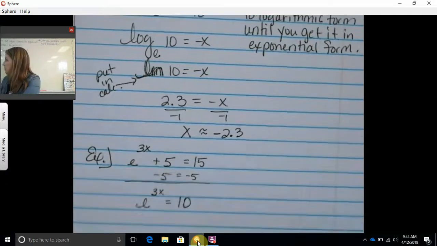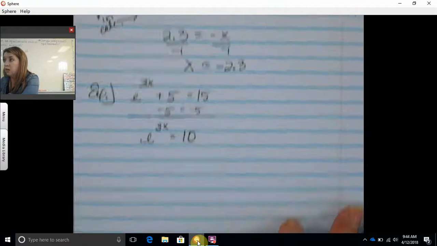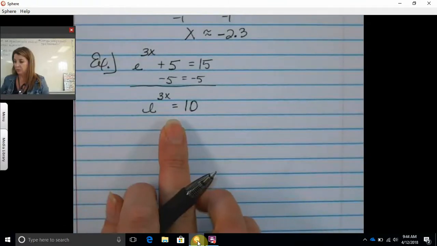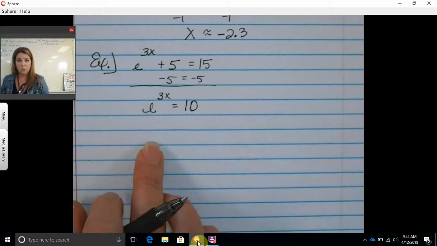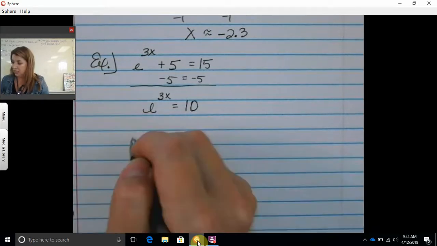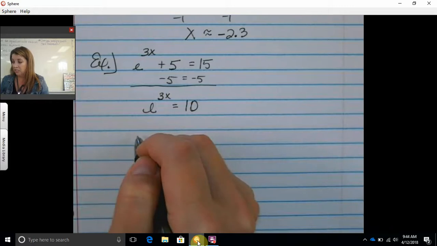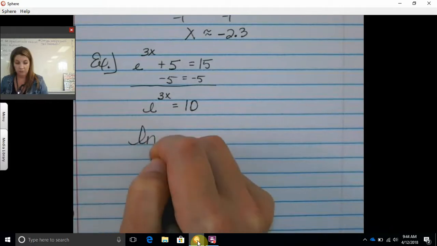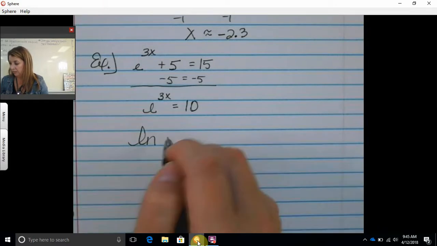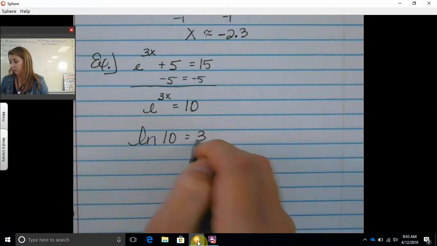Can I write both sides with the same base? Nope. So it's in exponential form right now, still a logarithm because x is an exponent. We are going to convert it to logarithmic form. So that's log base e, which is the same thing as natural log. What are we taking the natural log of? 10 equals 3x.